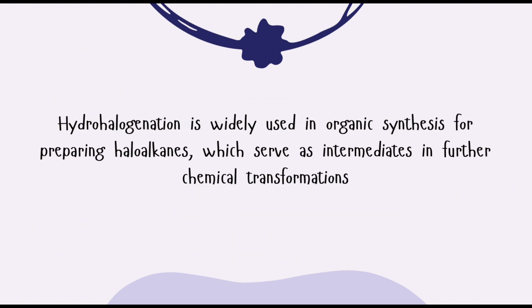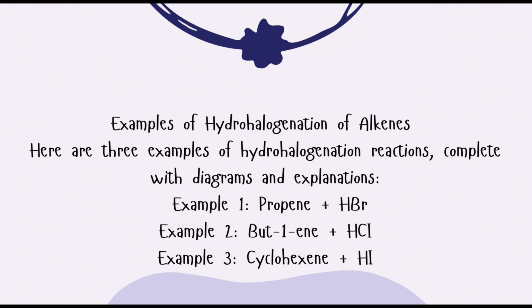Hydrohalogenation is widely used in organic synthesis for preparing haloalkanes, which serve as intermediates in further chemical transformations. So these are the examples of hydrohalogenation of alkenes.